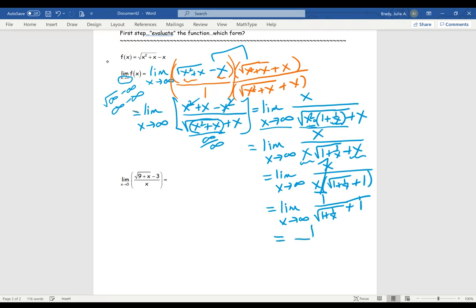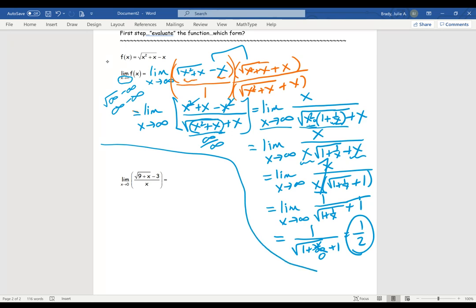We've got 1 over the square root of 1 plus 1 over infinity. Well, we know that's the same as 0 plus 1, which is 1/2, which is what you got when you used your calculator. We'll practice a little more on the next day's opener, but this is our new strategy.